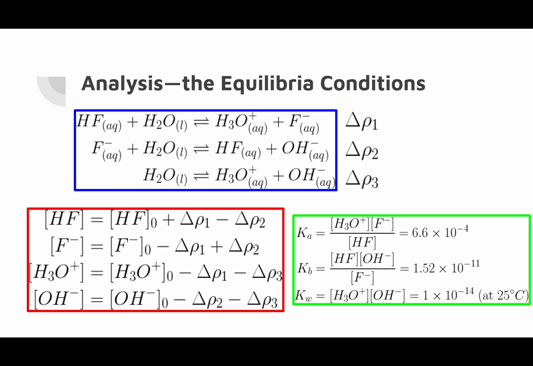Since we can express all these concentrations in terms of delta rho 1, delta rho 2, and delta rho 3, we seem to have 3 mathematical equations with 3 variables, which may seem a promising way to solve for how much each reaction has proceeded, and so to know the final concentrations of the reactants.